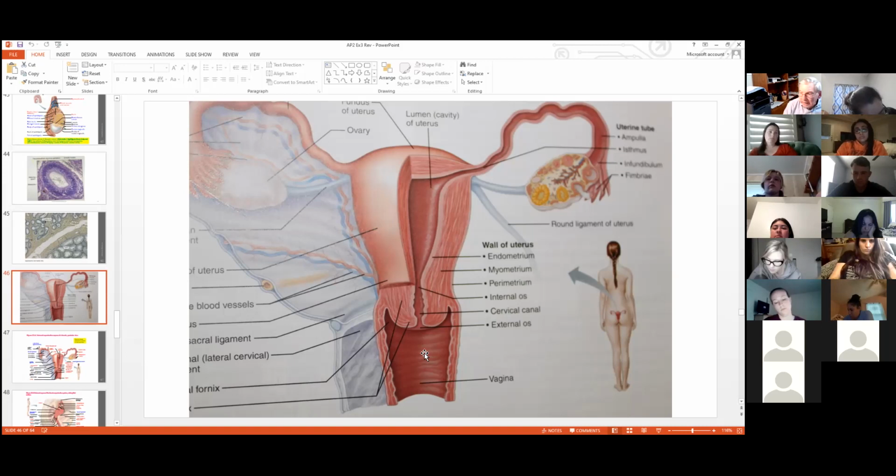There is another condition called endometriosis. We're going to talk about this lining of the uterus in a concept. This is the endometrium. It's an epithelium, and we'll talk about how it's based just like this epithelium of the skin, pretty much.